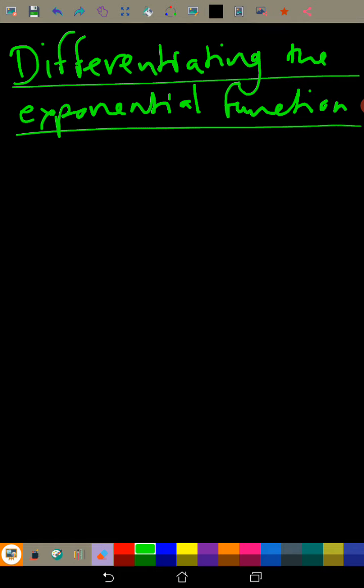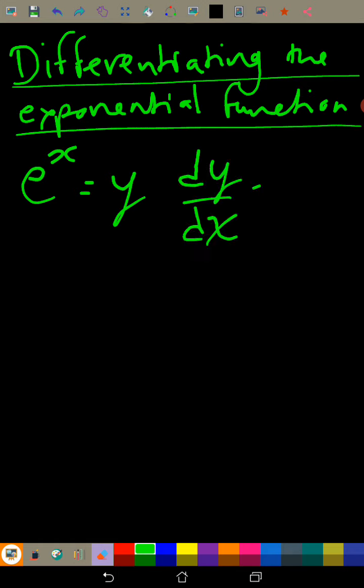So in chapter 2 we learn about the natural exponential function. This function is the only function whose derivative is the same as the function itself. So we have to remember this. If this is equal to y and we have dy by dx, we get the same thing.